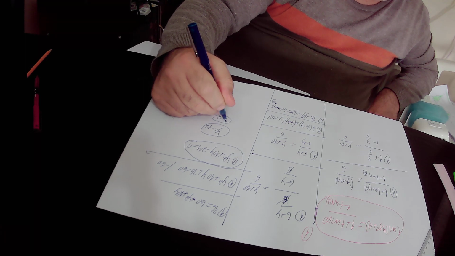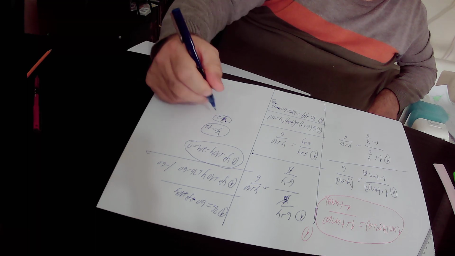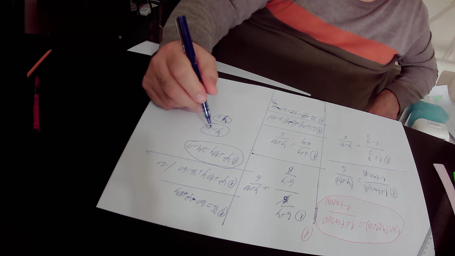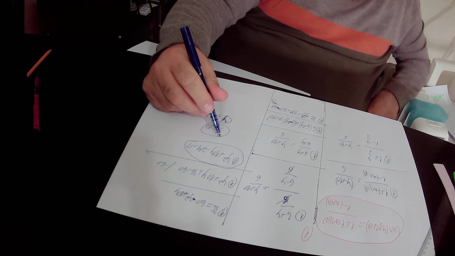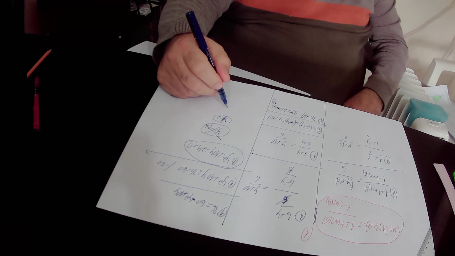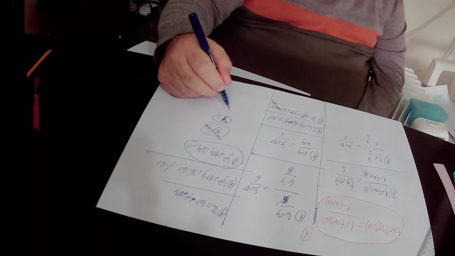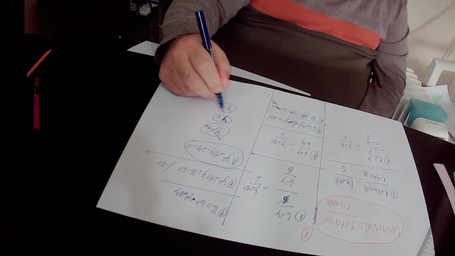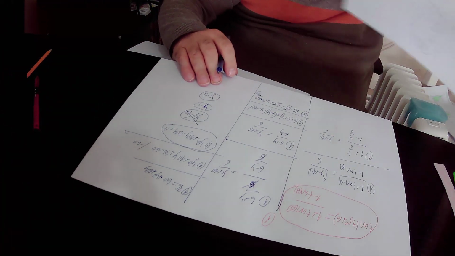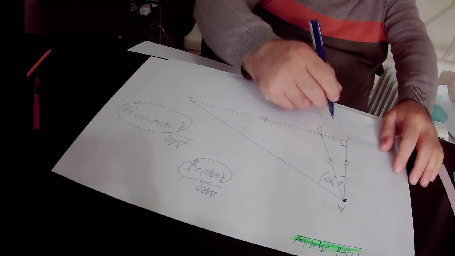Because of the fact that y is a length, it must be a positive number, therefore the solution y equals minus 12 is an incorrect solution. We cancel that solution, and we are left only with the solution that y is equal to 2 units. So here we found out that y equals 2 units.